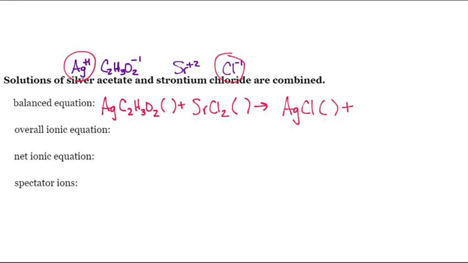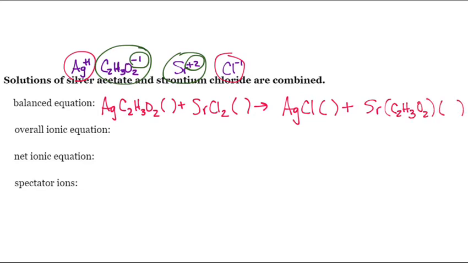And then our leftover pieces here are going to be strontium and acetate coming together, and this I am going to have to cross my +2 charge over onto my acetate. So this is going to be Sr and then parentheses C2H3O2. State of matter.